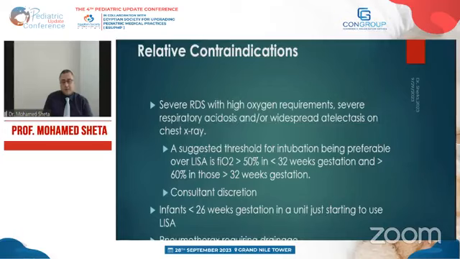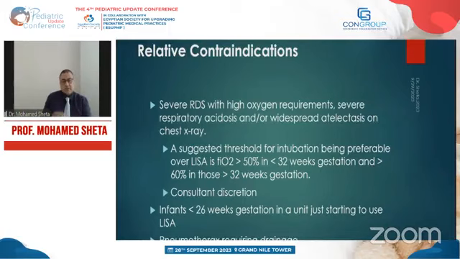The suggested threshold for intubation being preferable over LISA is FiO2 requirement of more than 50% in babies less than 32 weeks, or more than 60% in babies more than 32 weeks of gestation. This will be a relative contraindication for LISA.